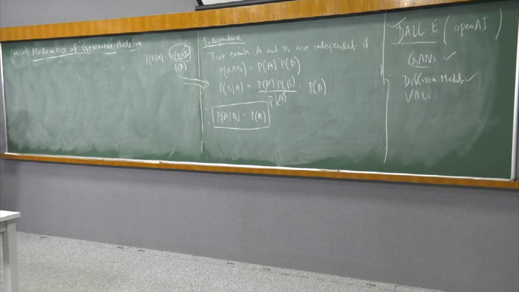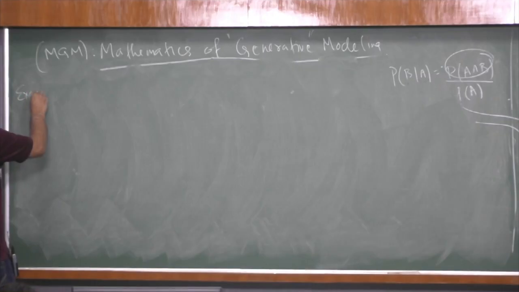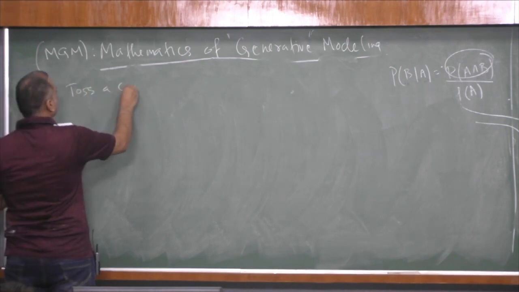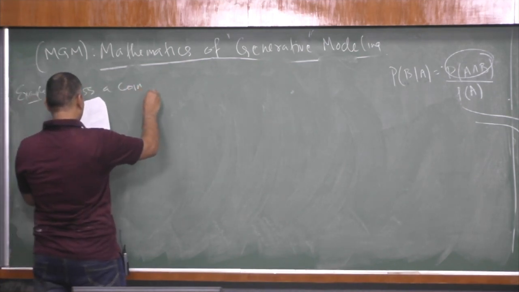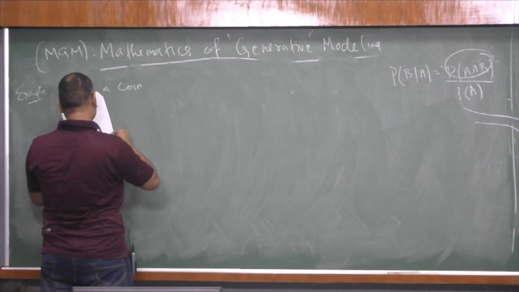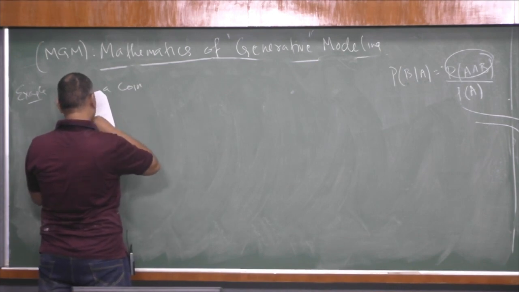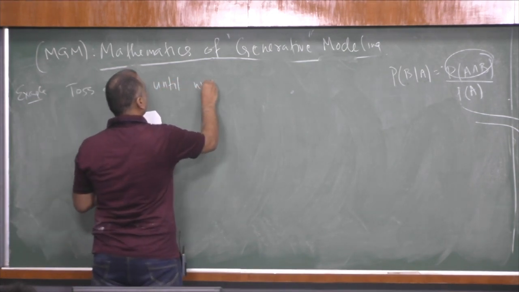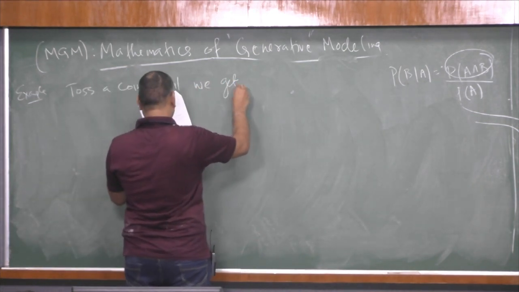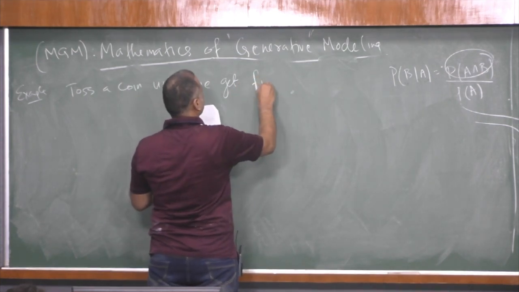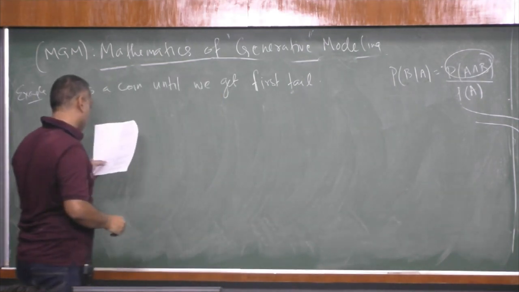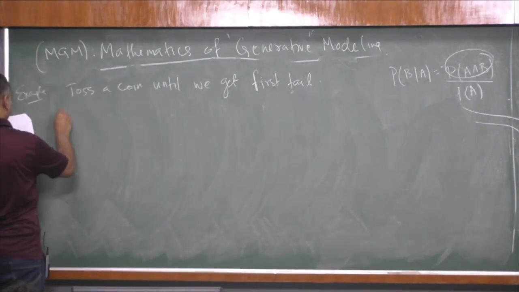So let us see an example. Here I toss a coin until I observe the first tail. So toss a coin until we get the first tail, and let X be the number of coin tosses.